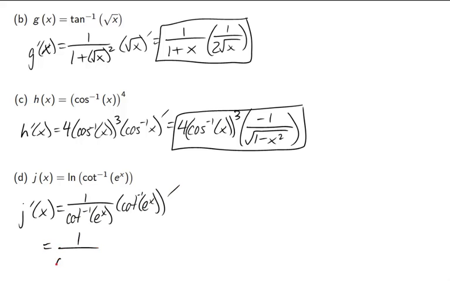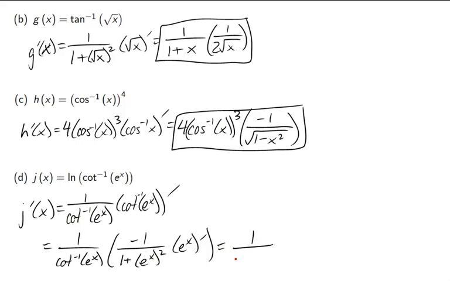I'm going to copy this. That part's done. The derivative of the inside is the cotangent rule, which is negative 1 over 1 plus e to the x squared. But technically here we're still using the chain rule times the derivative of the inside. I was doing inverse cotangent of u, so I still have this set up.